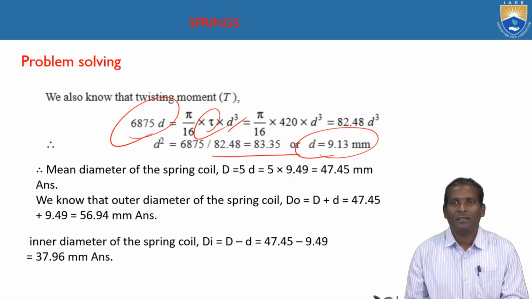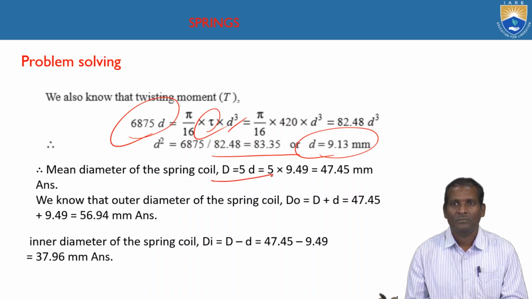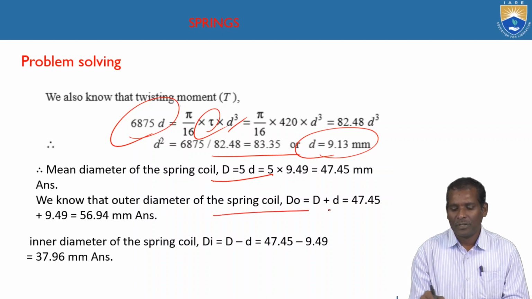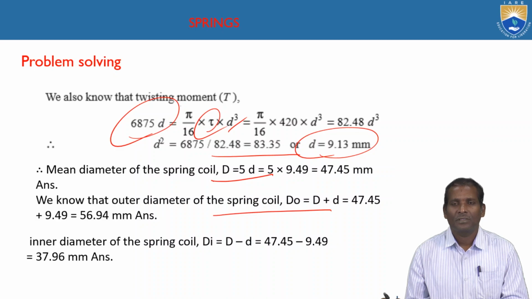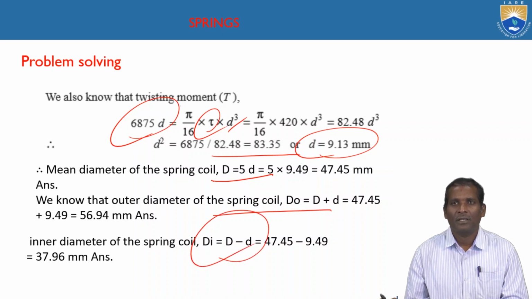Once you have calculated this wire diameter, you may calculate the mean diameter of the spring coil. Capital D is equal to 5 times the wire diameter. We know that the outer diameter of the spring coil D naught is equal to D plus small d, and the inner diameter is capital D minus small d.